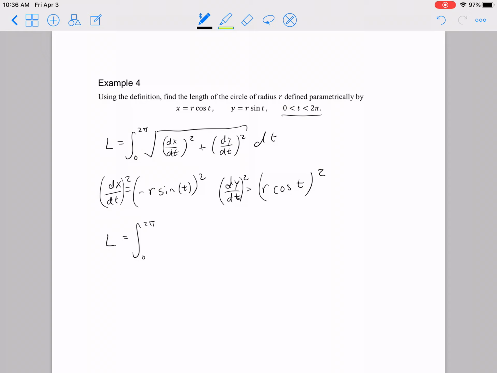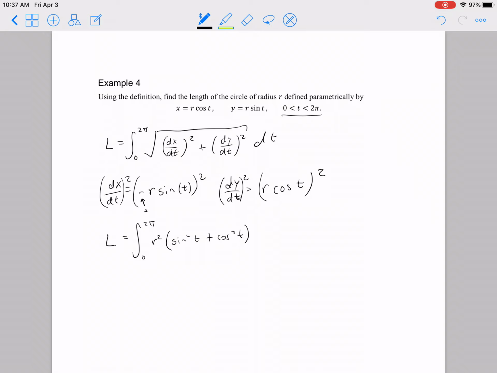when we add these two things together, we're going to have r squared sine squared and r squared cosine squared. So I'm going to factor that r squared out front, and I'm going to be left with sine squared t plus cosine squared t, and don't forget when we squared this it became positive.